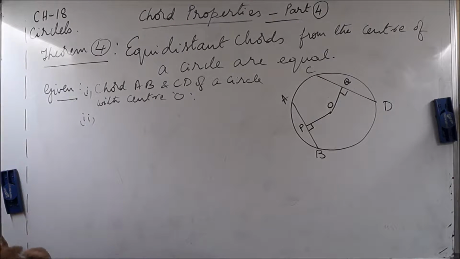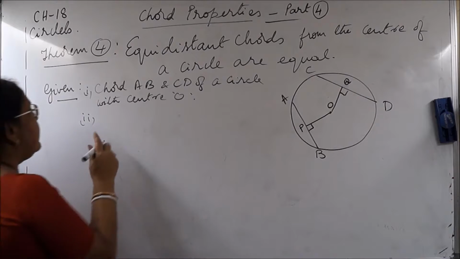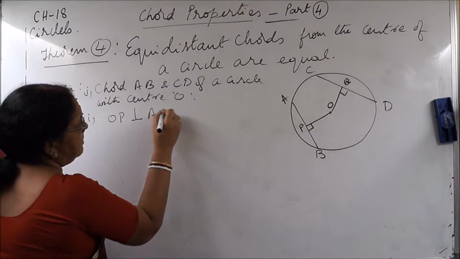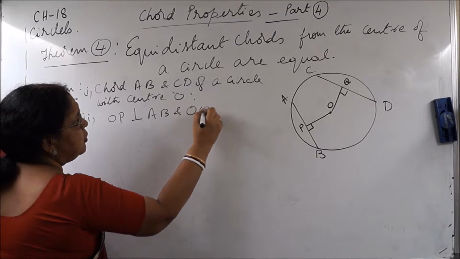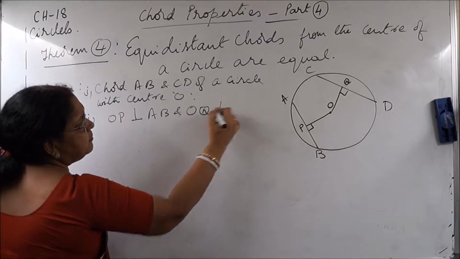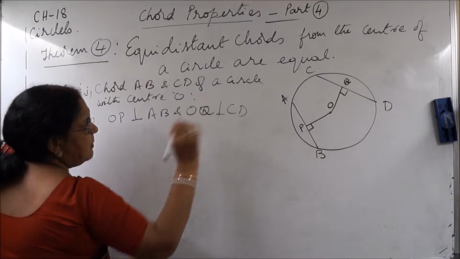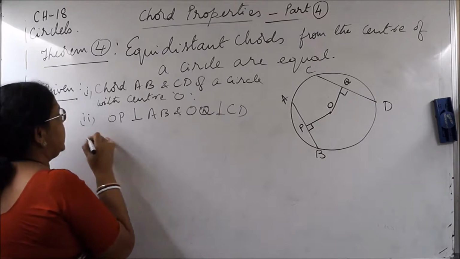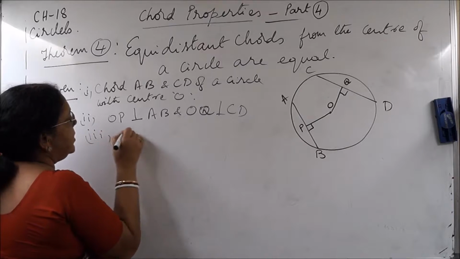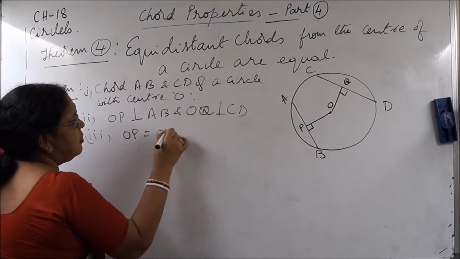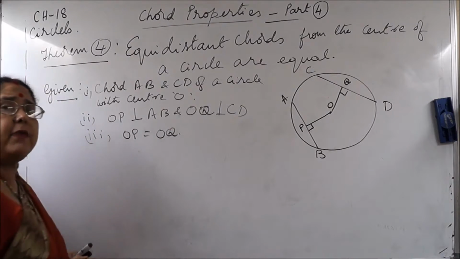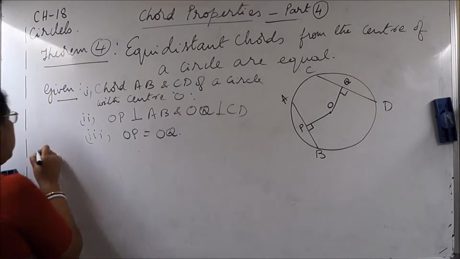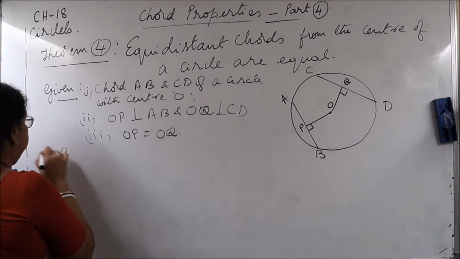That also we know because they are equidistant, so it has to be perpendiculars. And equidistant means we know that OP is equal to OQ. What are we verifying? Whether chord AB is equal to chord CD. That is what we want to prove or verify.